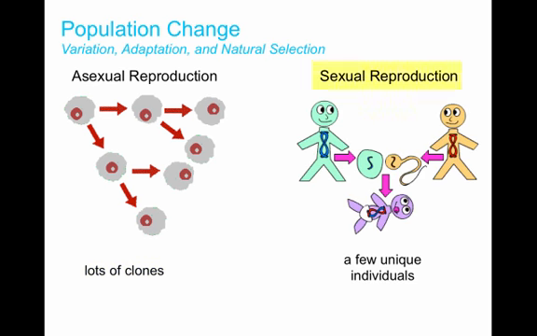On the other hand, sexual reproduction is a method by which two individuals each take half of their genetic information and pass it on to their offspring. This means that the offspring is a unique combination of their parents' genetic traits, and they might not be exactly like either parent.